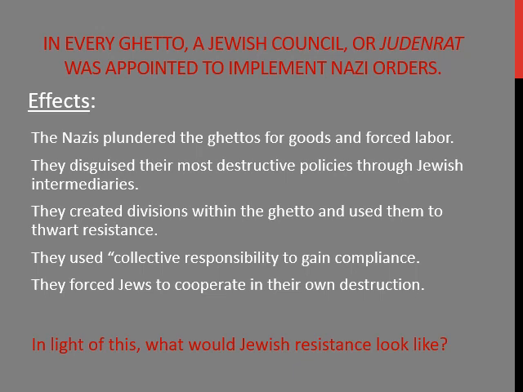Policies could also be implemented through Jewish leaders, not so much to disguise that these are German orders, but to provide a buffer so that the German leaders don't have to actually implement the policies entirely on their own. It also is a good divide and conquer technique for the Nazis because many Jewish people in the ghettos get as mad at the ghetto leadership as they are at the Germans who are ruling over them.